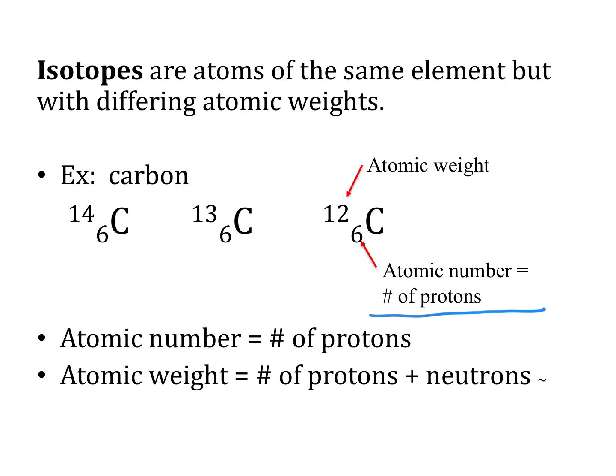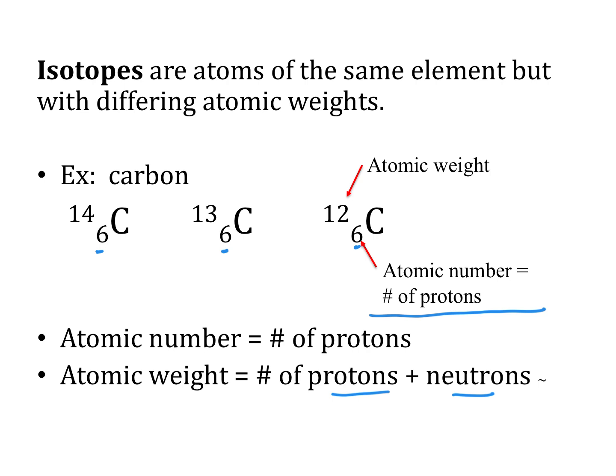You can see we've got 3 isotopes of carbon here, but they all contain 6 protons. That's the atomic number. The atomic weight is actually the sum of the protons and the neutrons. Remember, each one of them weighs 1 atomic mass unit. So if we add them up, we get the atomic weight of the atom.